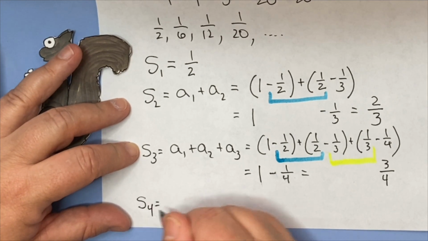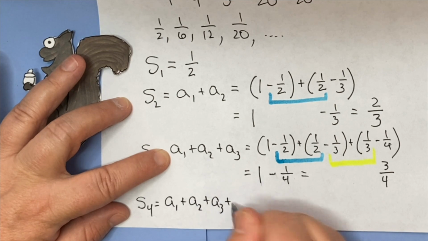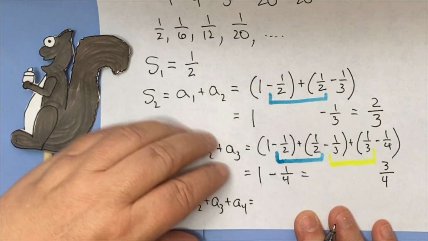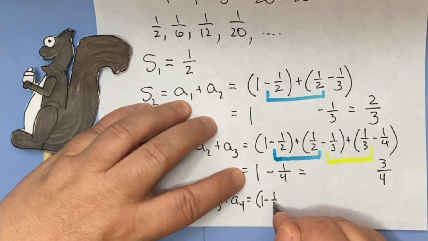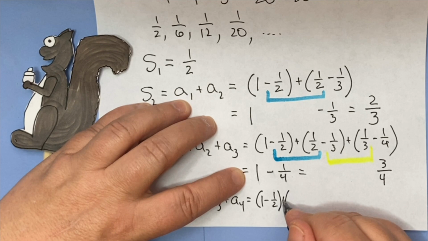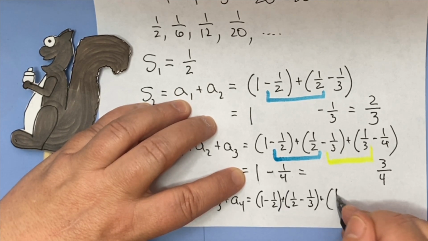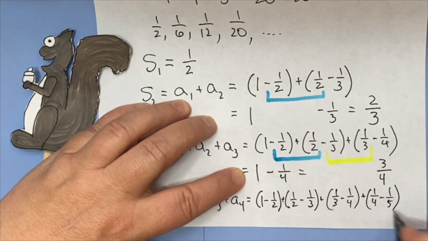S sub 4, that's A1 plus A2 plus A3 plus A4. Let me see if I can get them all in here and not have to come up with another piece of paper. Fingers crossed. 1 minus 1/2 plus 1/2 minus 1/3 plus 1/3 minus 1/4 plus 1/4 minus 1/5.